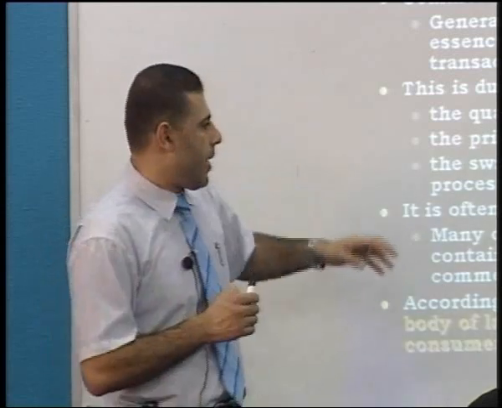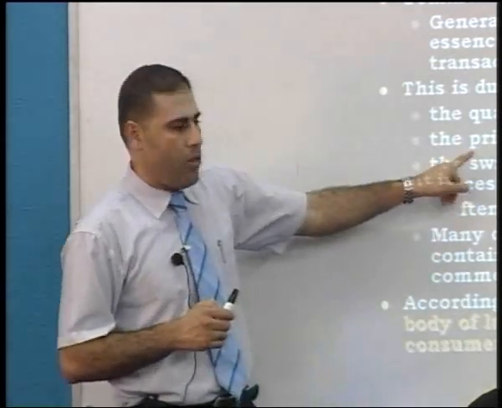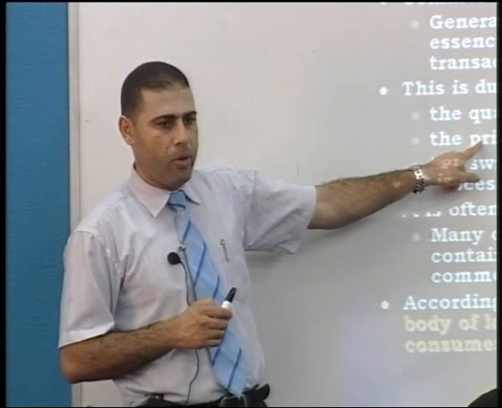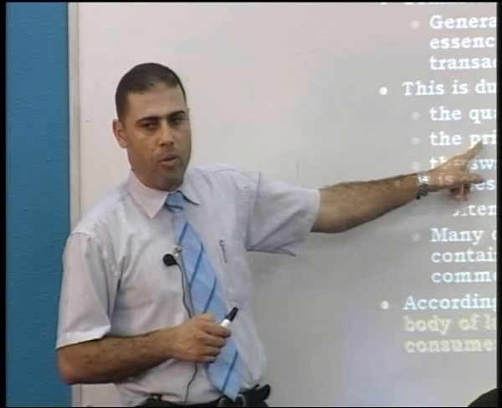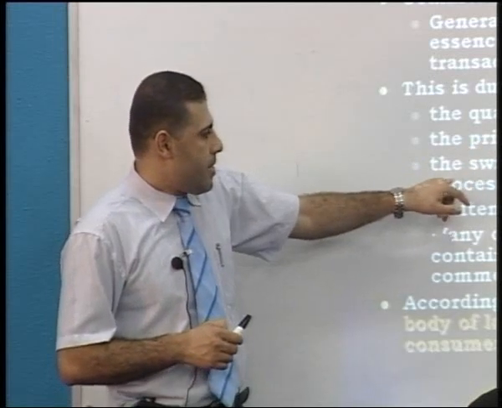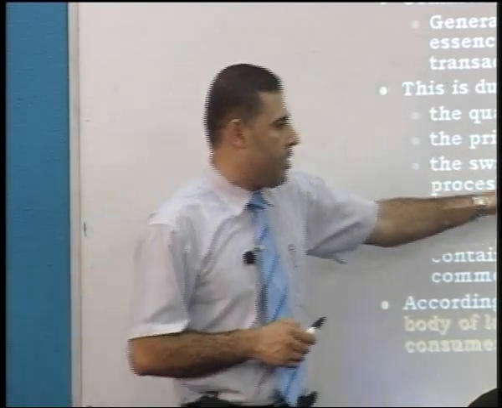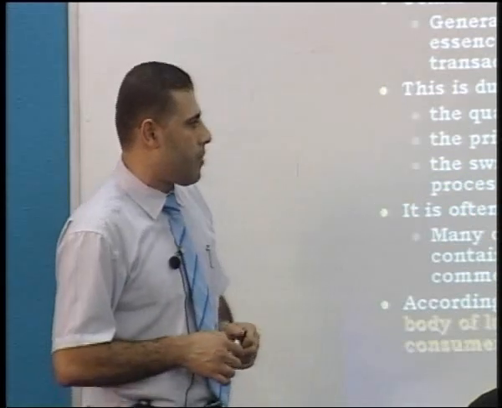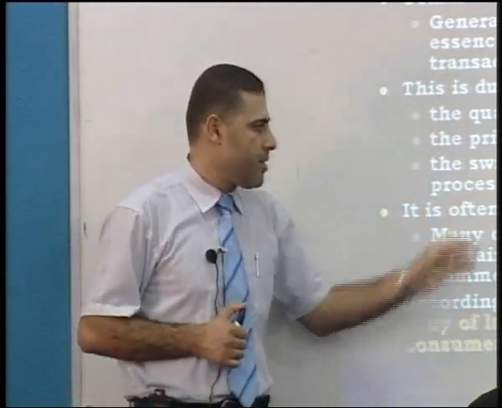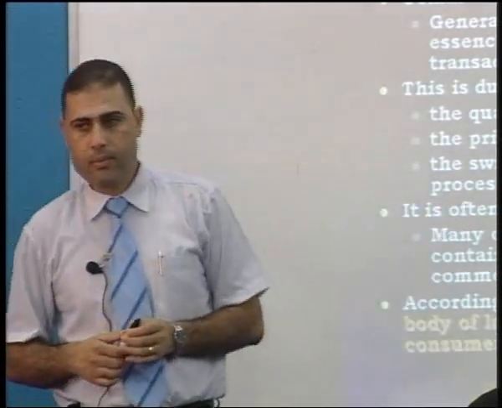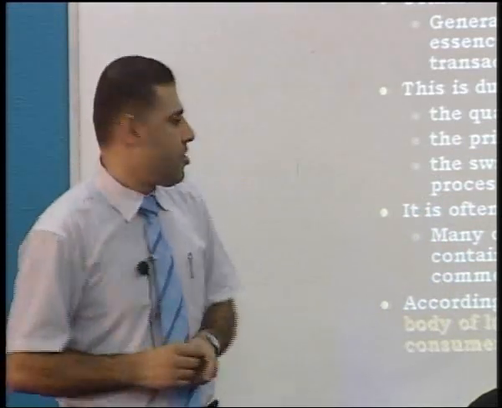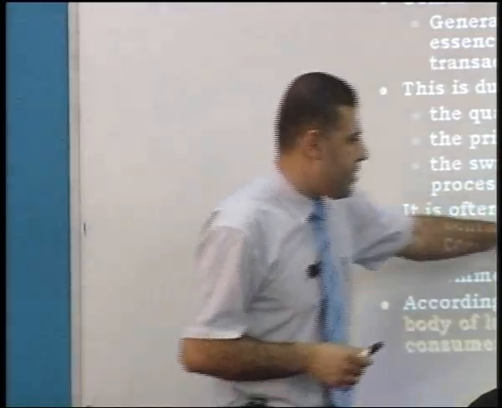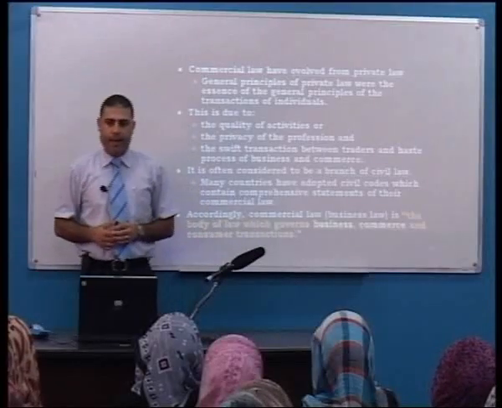In this case, those people have to have their own branch of law because of the privacy of their own profession. And at the same time, we have the swift transactions between traders and the haste of business and commerce. Haste: quick, fast. Not like in civil life.